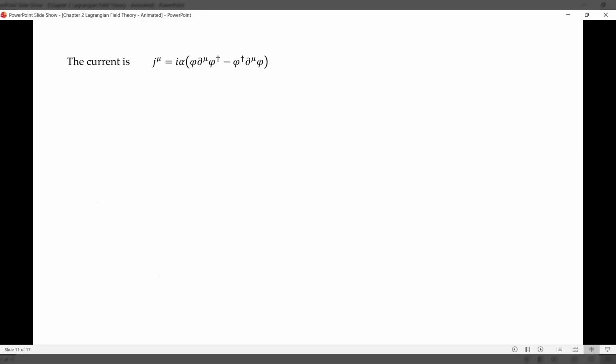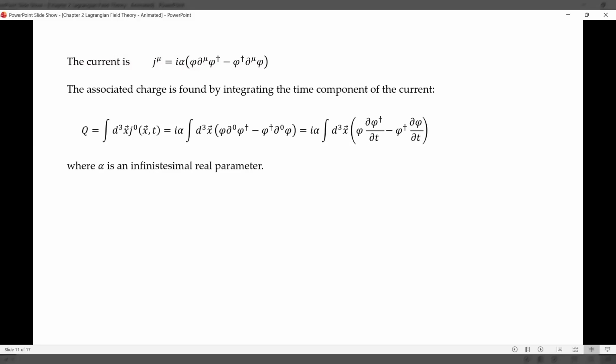Now just simply substituting the above, from the infinitesimal transformation we introduced, the conserved current takes this form. This current arises directly from the global U1 symmetry of the complex scalar field, the invariance under a phase rotation. And as before, the associated conserved charge is obtained by integrating the time component of the current, J super 0, and we get this.